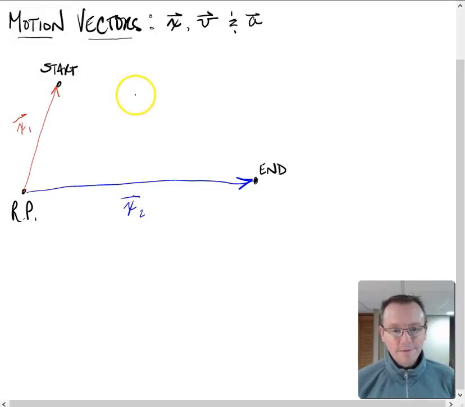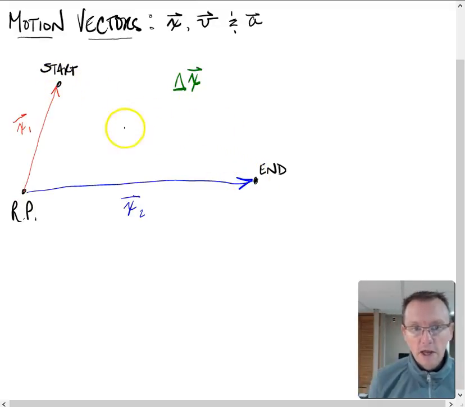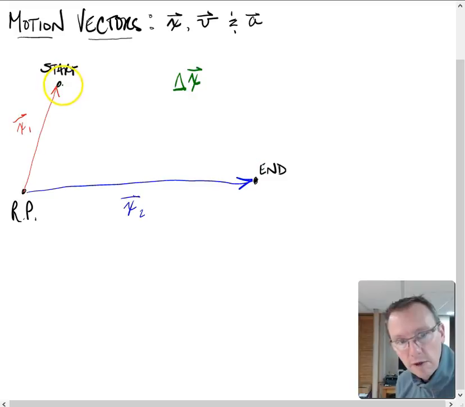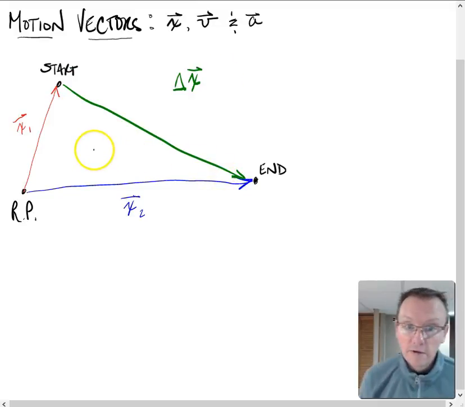So here's my question. What's the displacement? Remember, displacement is the change in the position. In this case, we're going to say it's the change in the position vectors. You could see that the object started at this location, ended at that location. So if I draw this out, I'm going to try to draw it as straight as I can here.